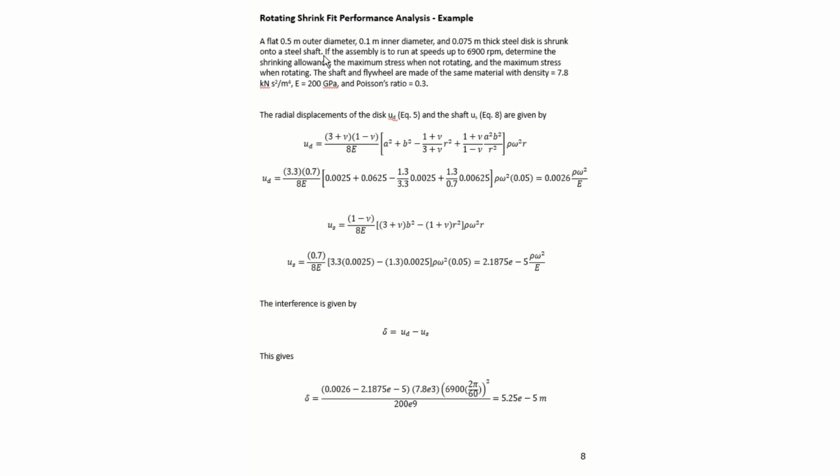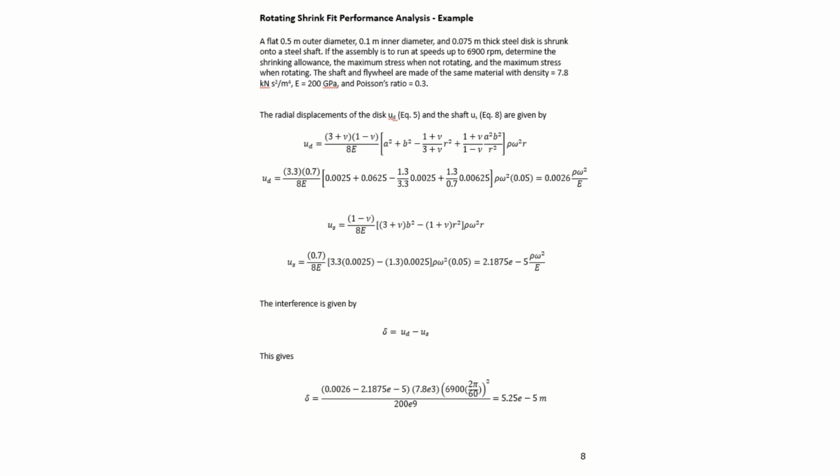So if the assembly is to run at speeds of 6,900 RPM, determine the shrinking allowance, the maximum stress when not rotating, and the maximum stress when rotating. And then the shaft and flywheel are made of the same material with this density, modulus of elasticity, and Poisson's ratio. So now we need to think about how we are going to approach this problem.